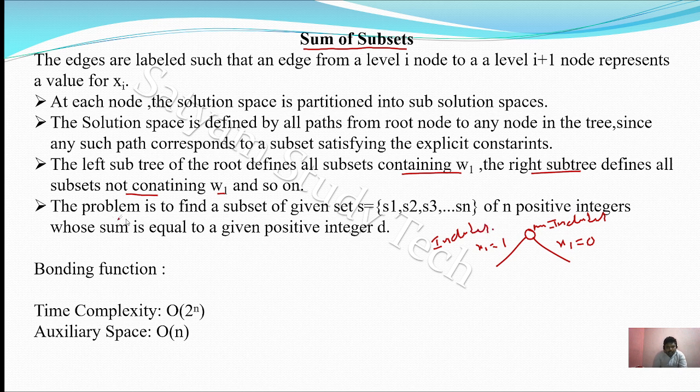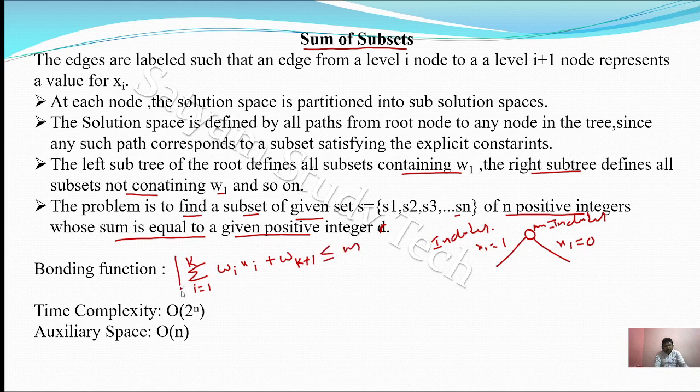So the problem is to find a subset of a given set s1, s2 and so on up to sn of n positive integers whose sum is equal to the given positive integer, that is m or d. Now you can see the bounding function: the sum for i equal to 1 to k of wi into xi plus w of k plus 1 is less than or equal to m.